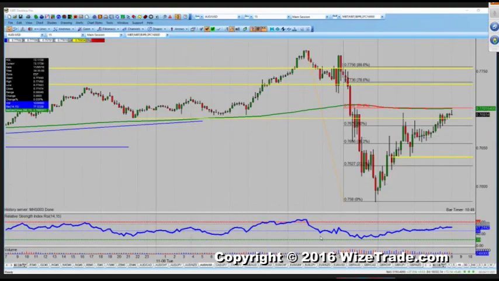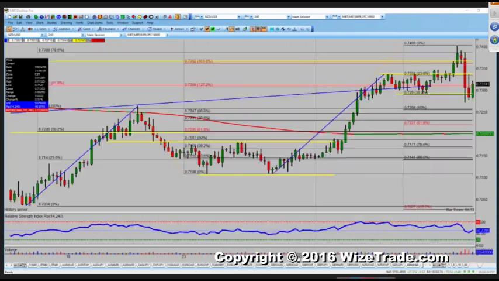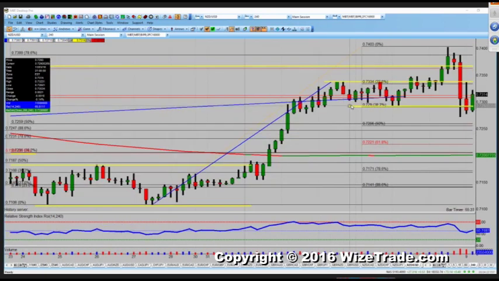Okay, let's go over to the Kiwi. Now the Kiwi, yesterday we wrote down support at 72.70, right? 72.75, I think, is what we were writing down yesterday, if I'm not mistaken.